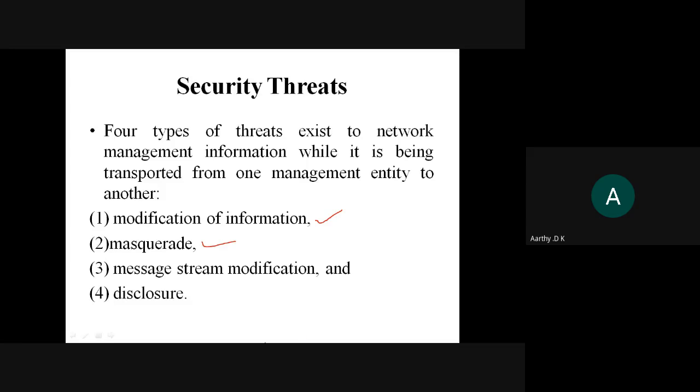The third one is message stream modification. For example, your SNMP works with the UDP protocol, as I've told you earlier. UDP is a connectionless protocol, you know that, right? TCP is connection oriented and UDP is connectionless.